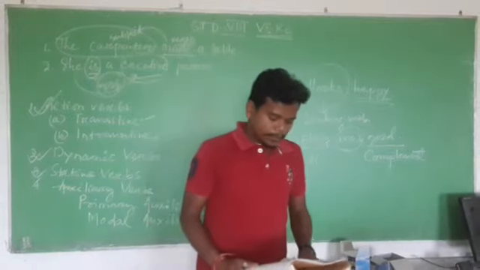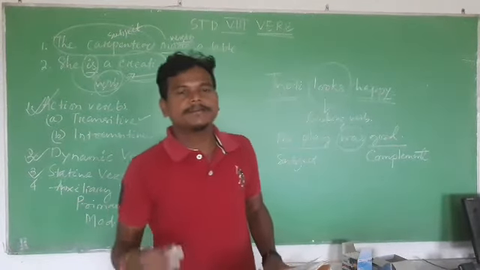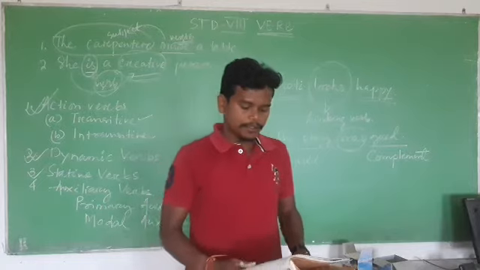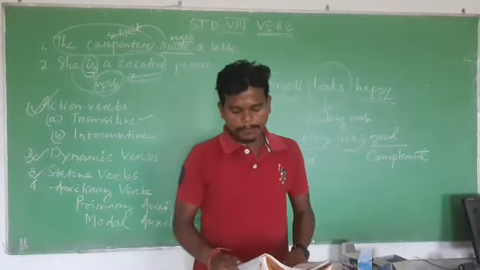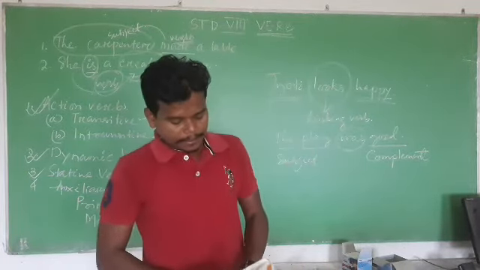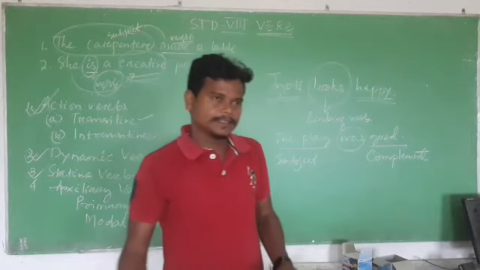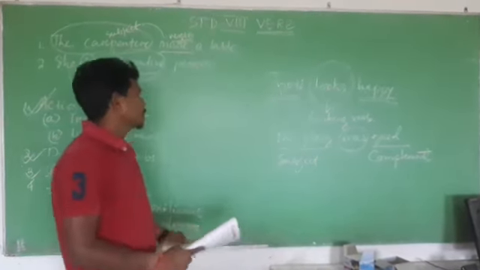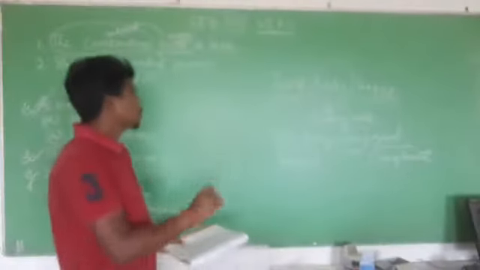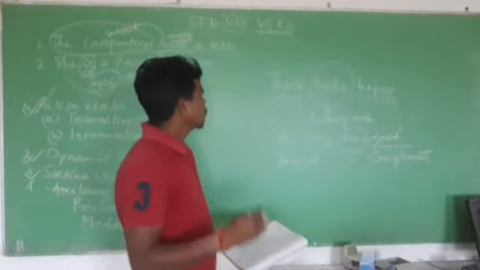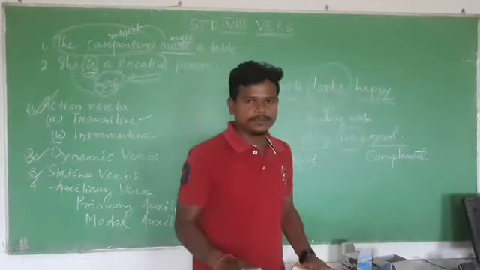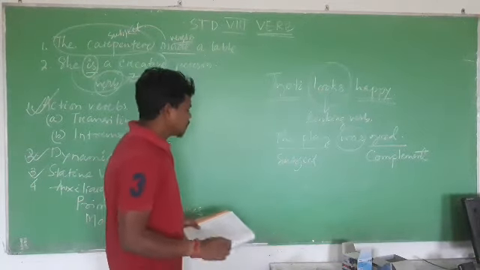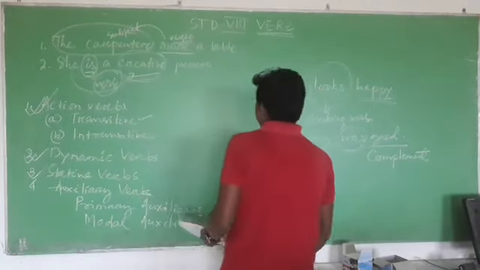In case of linking verbs, we can use appear, become, feel, be, get, grow, look, prove, remain, seem, taste, turn, etc. Okay, but by looking into the sentence, we can find in which form the verb is used, right? That knowledge must be there inside you.